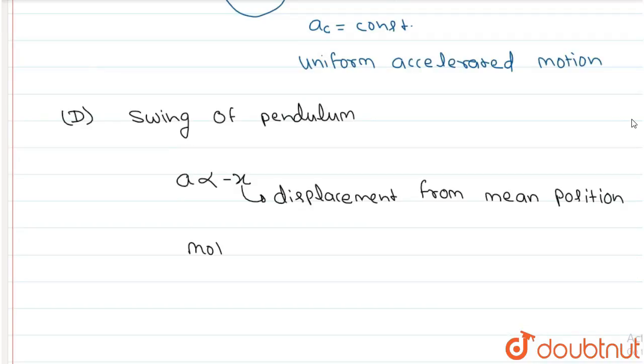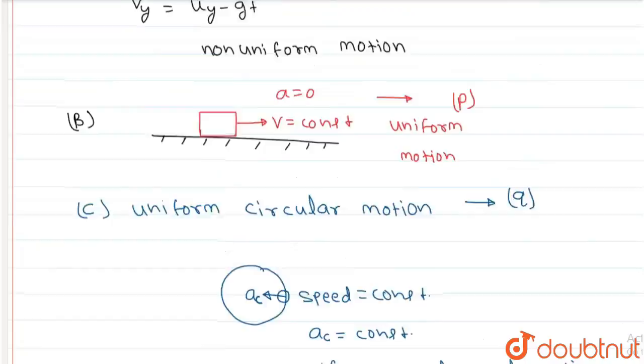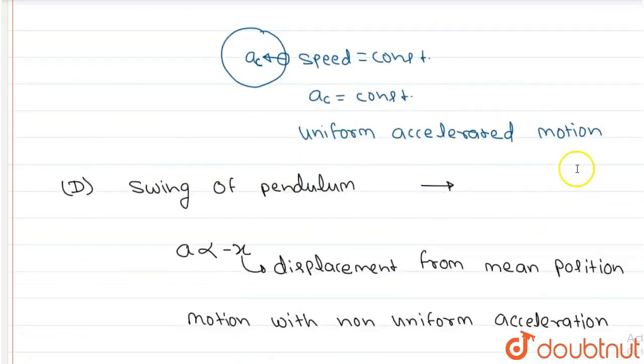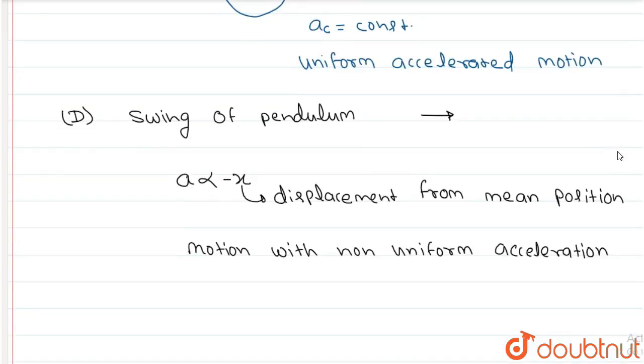So it is a motion with non-uniform acceleration. So it is matched with column 2, R.